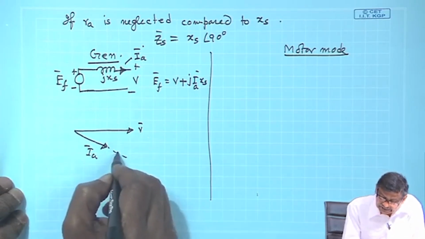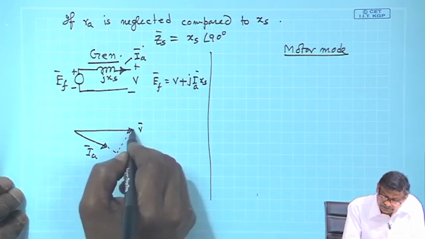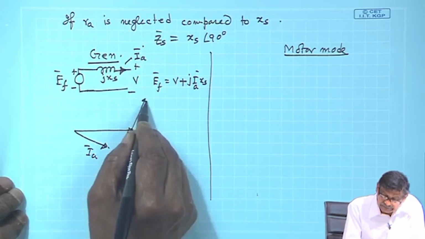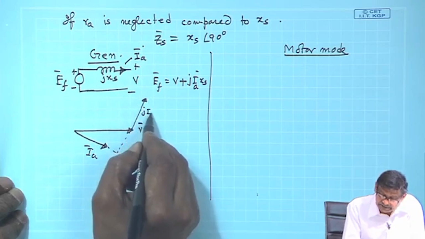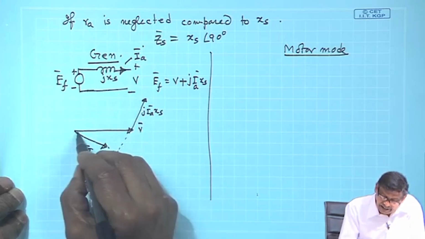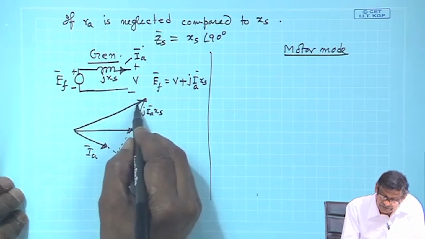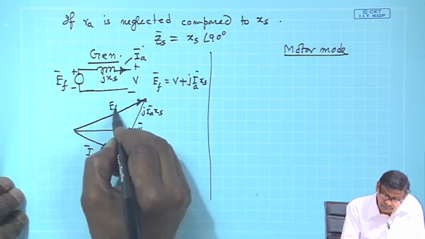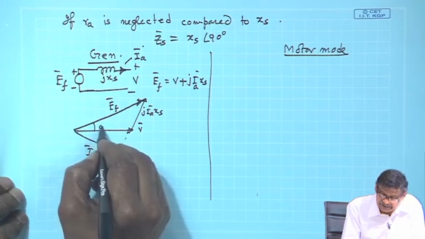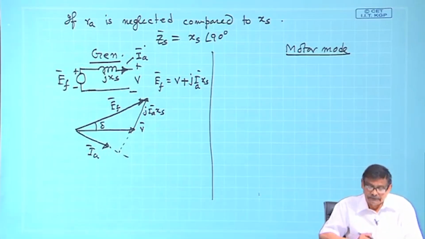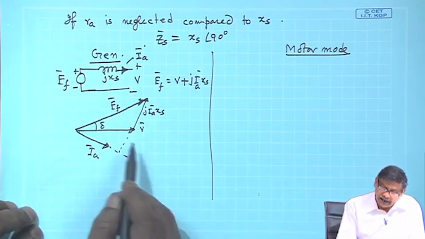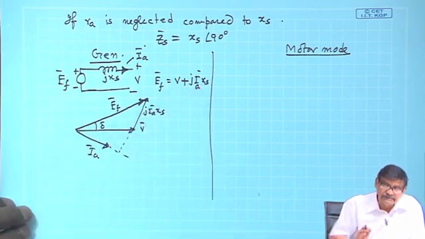So, I A J x s will be perpendicular to this, J I A x s, and it will be your E f, and this angle is delta. Okay.